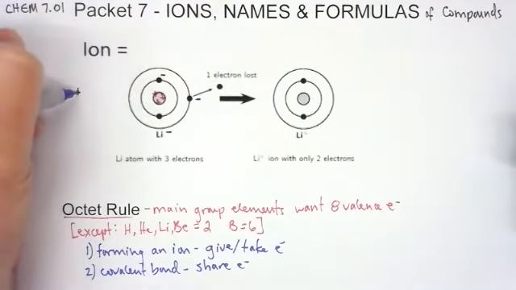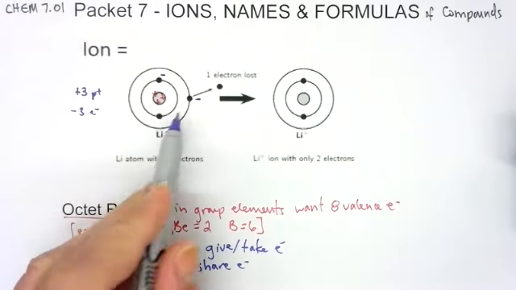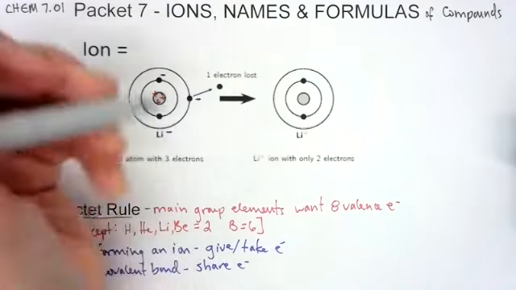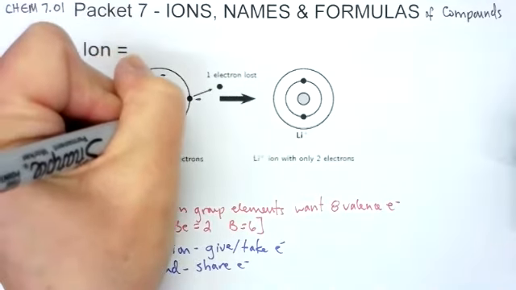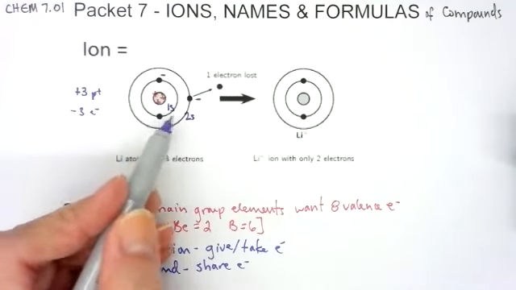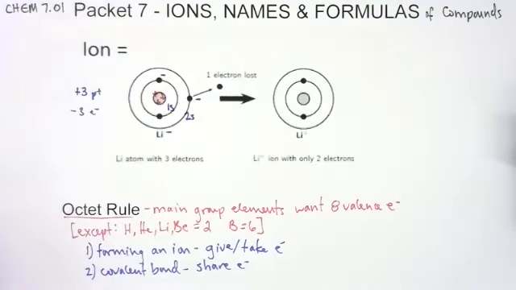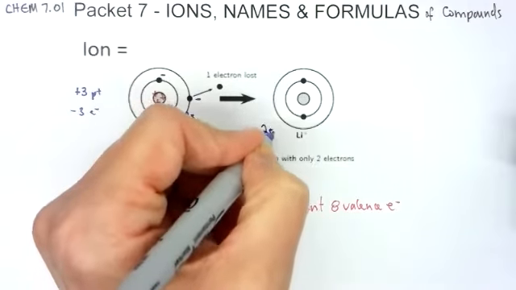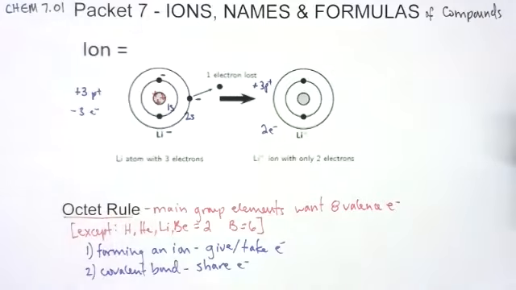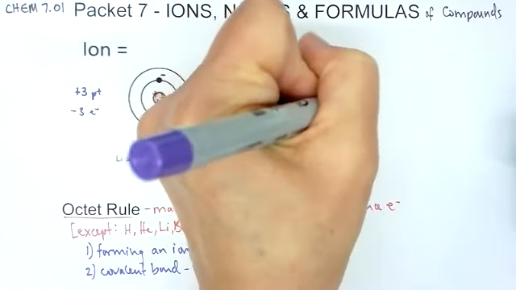So right now I have a positive 3 in my protons and a negative 3 in my electrons. This is the 1s orbital, and this is the 2s orbital. If it gets rid of this, it has a full 1s, so it'll kick that electron out. So over here I have 2 electrons. Well, if I have plus 3 protons and 2 electrons, that gives me a plus 1 charge.